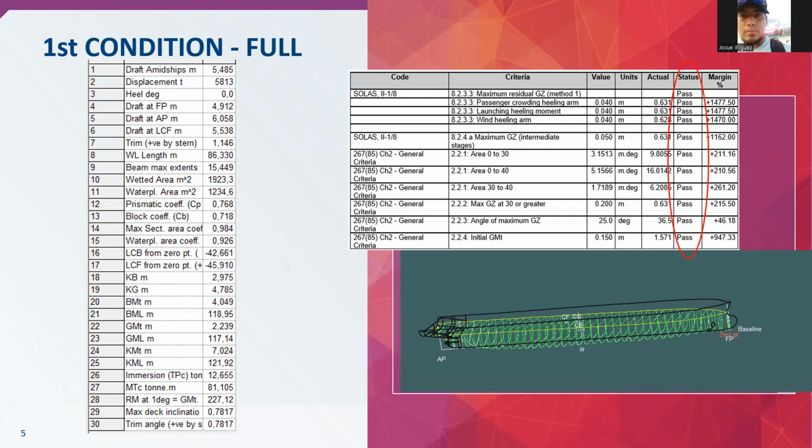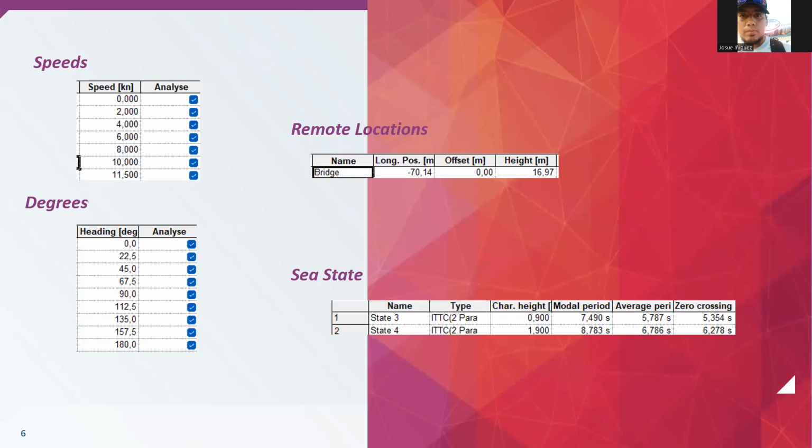In the next step, I worked on maximum motion. I put in this speed that you can see. I am working with sea states 3 and 4 and with an angle step of 22 point. Okay, that's good, because in this case we can see the variation.